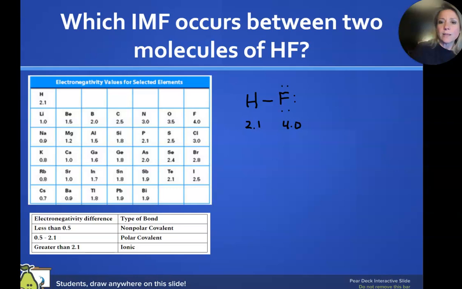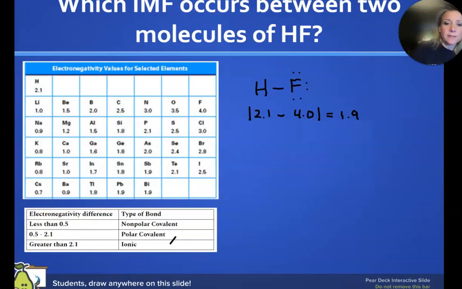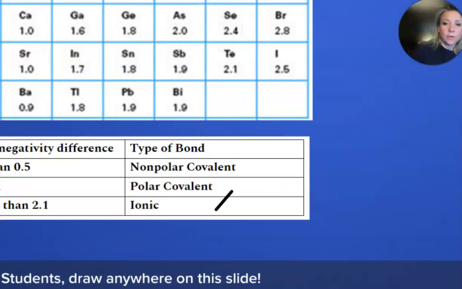When we subtract these two with our absolute value bars, we are going to find that we have a difference of 1.9, which means that our bond is going to be polar covalent.